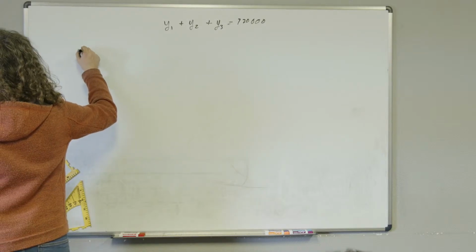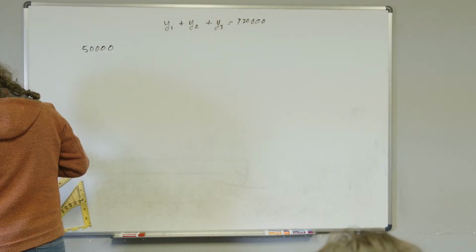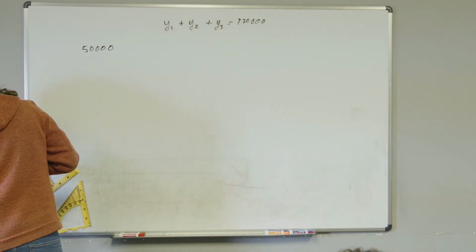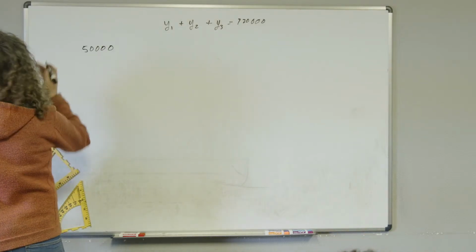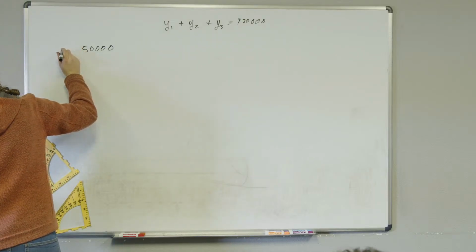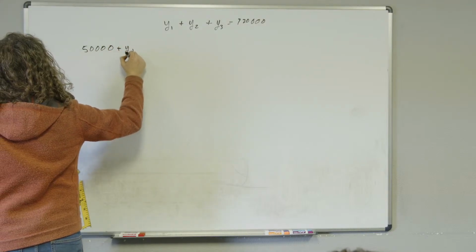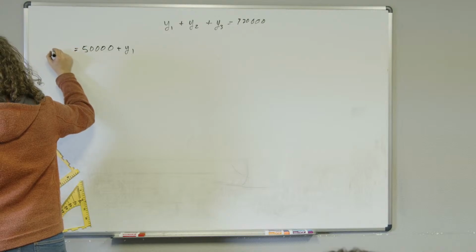So 50,000 more in the second year than the first year. So which one was more? More was in the second year? Yeah. So year 1 plus 50,000 equals year 2.